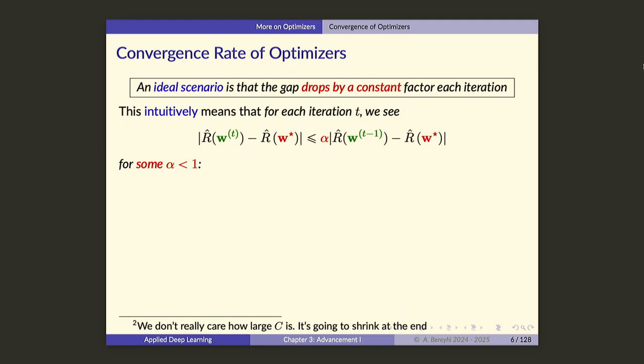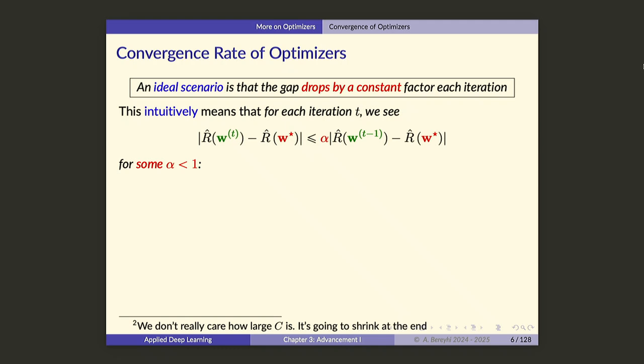So every iteration I do, I'm getting smaller. I don't care what this alpha is. It could be 0.99999, but even with 0.99999, when I do multiple iterations, this is going to shrink, because it's going to be that number, alpha, to the power 2, 3, 4, and so on.